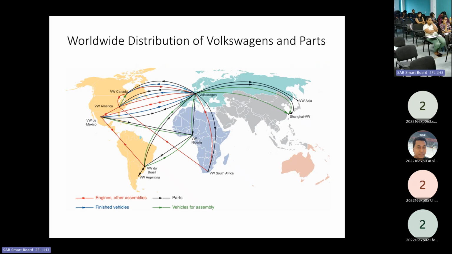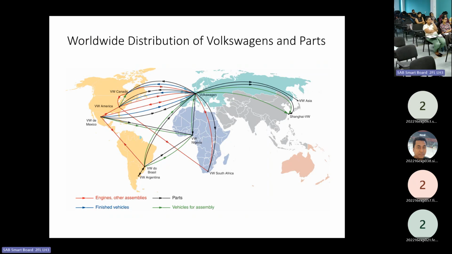Now, this is one simple example. This is the worldwide distribution of Volkswagen parts and vehicles. So they are operating from various different regions, not only from Europe. Some of their parts manufacturing and sub-assembly factories are located in different parts of the world, from China to South Africa to Nigeria to Brazil, and then the US, Canada.